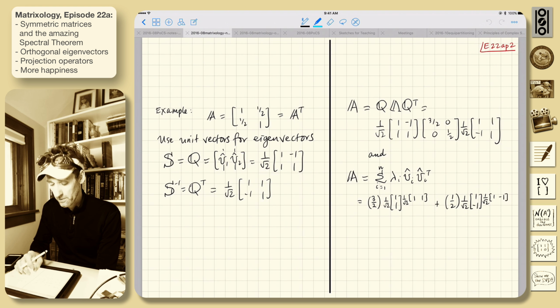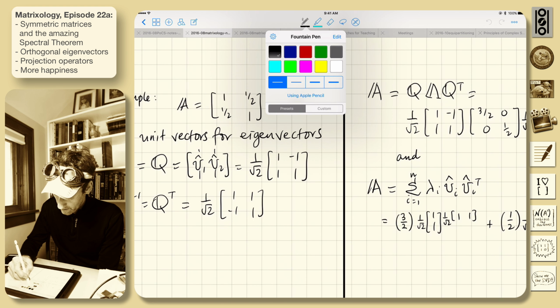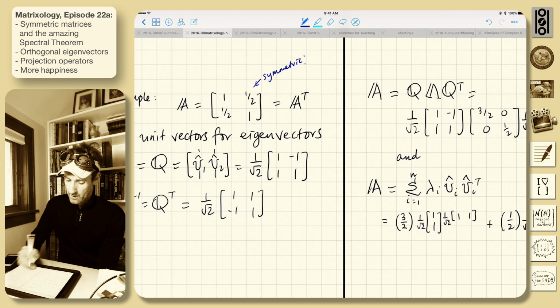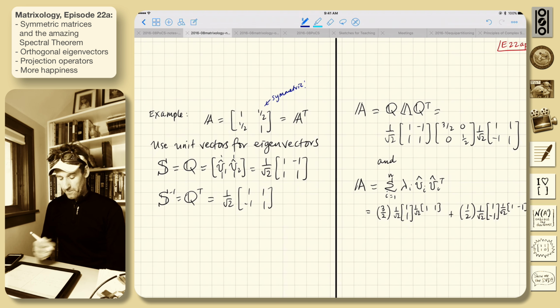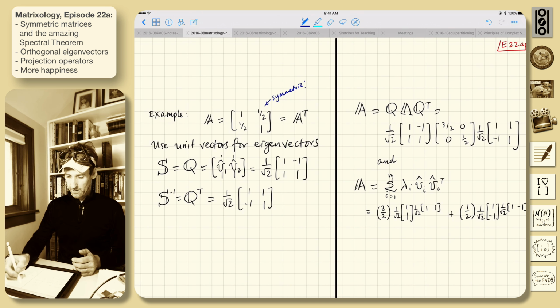So it turned out we were playing around with a symmetric matrix. Sneaky. Symmetric all along, right? So in fact, we can construct our S and our inverse of S very simply.